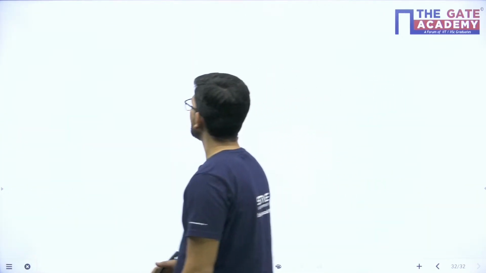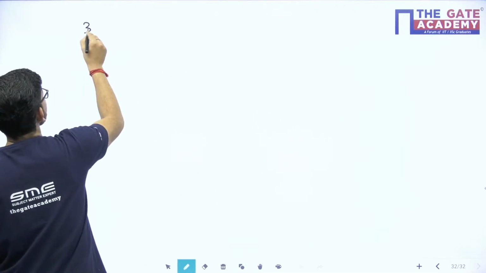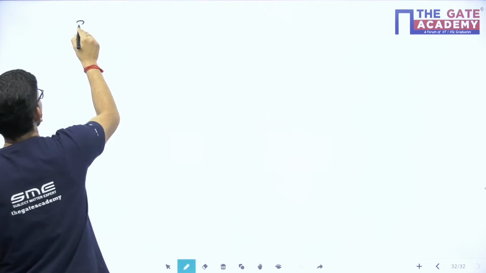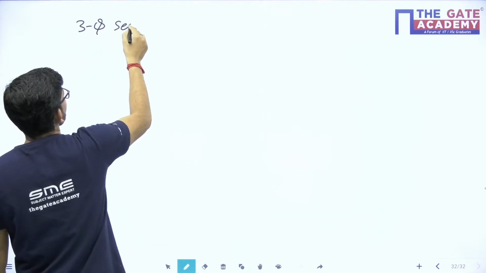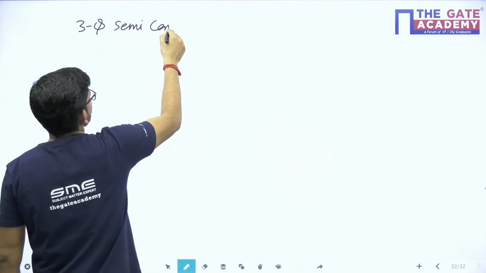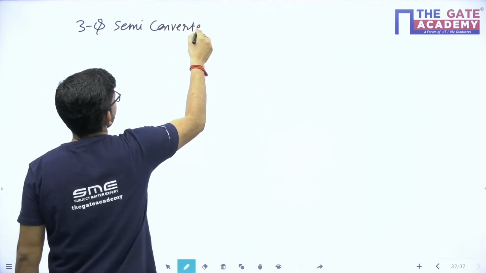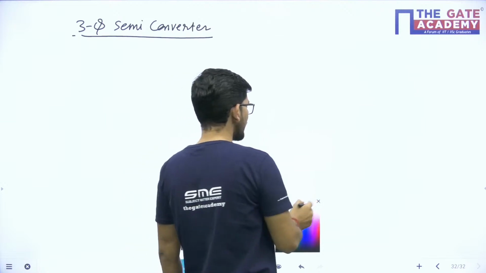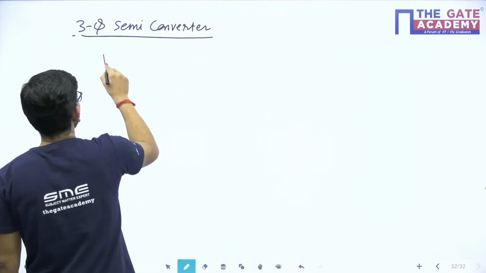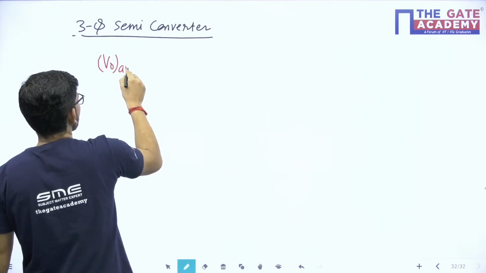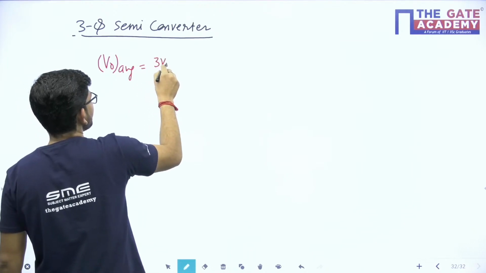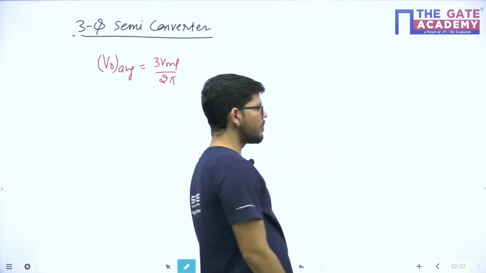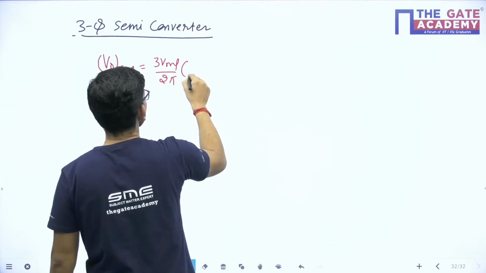After that, if I talk about the three phase semi converter, what is the value of output voltage? We will have an average output voltage given by 3 VML upon 2 pi times (1 plus cos alpha).